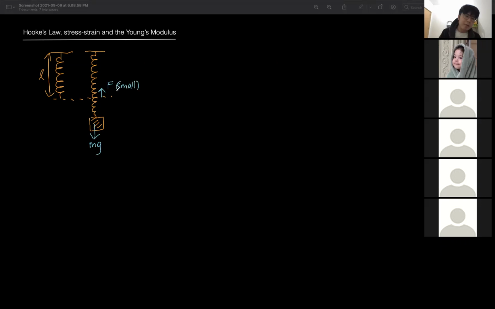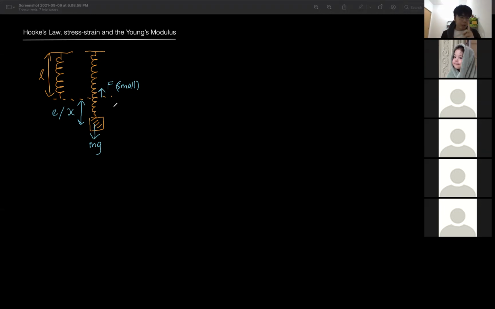So as you try to pull it down further, the extension, measured from the starting position to this dotted line, X, sometimes they will give E, X or E, gets bigger and bigger, then the force will increase and increase and increase. Eventually, at one point, it is going to be the same as the mg, and that is when equilibrium is achieved.